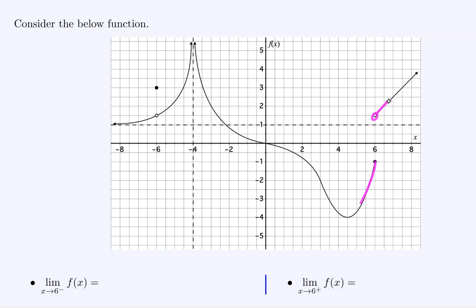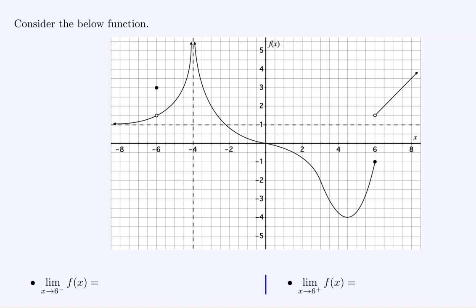After x equals 6, it's above the x-axis. So this is our function f of x, and we're asked to evaluate these two limits. Now keep in your mind, the main thing you want to remember about limits is limits are not necessarily function values. Function values care about the behavior at a point. Limits care about the behavior near to a point.